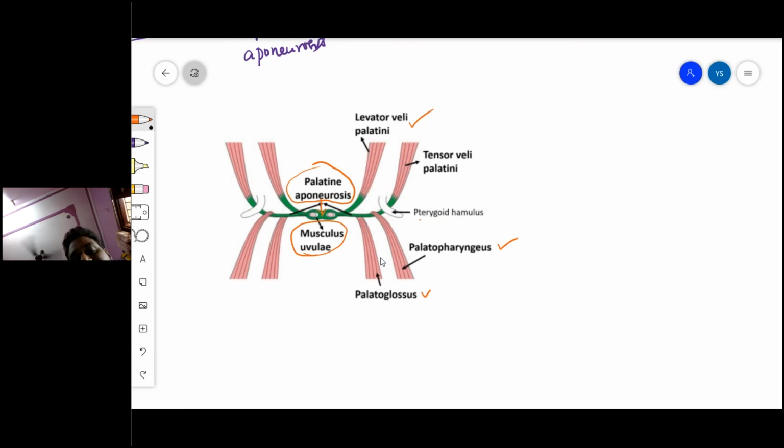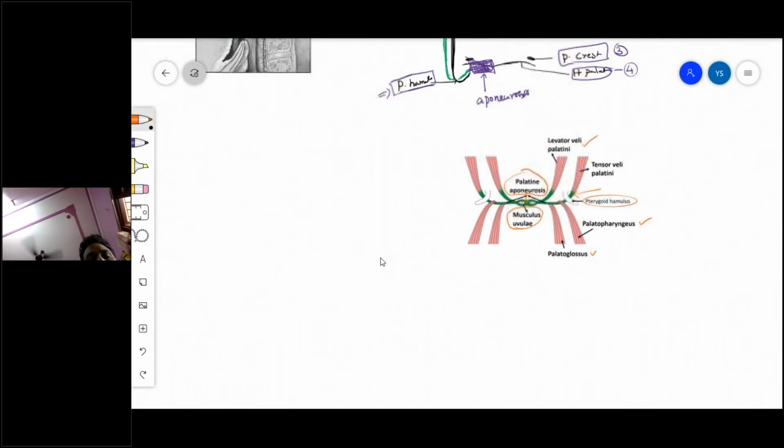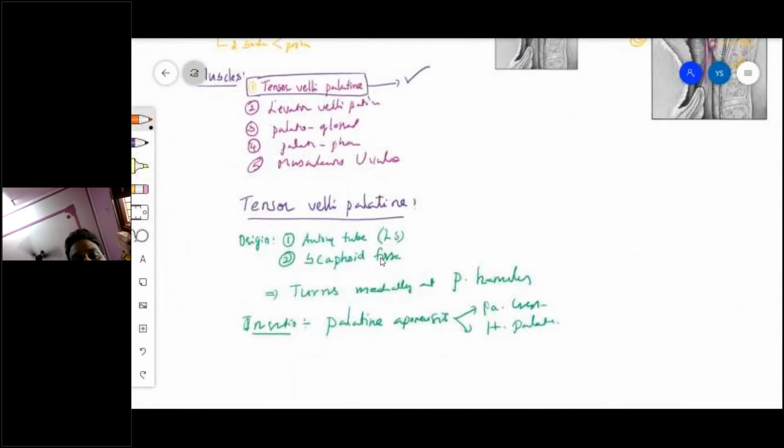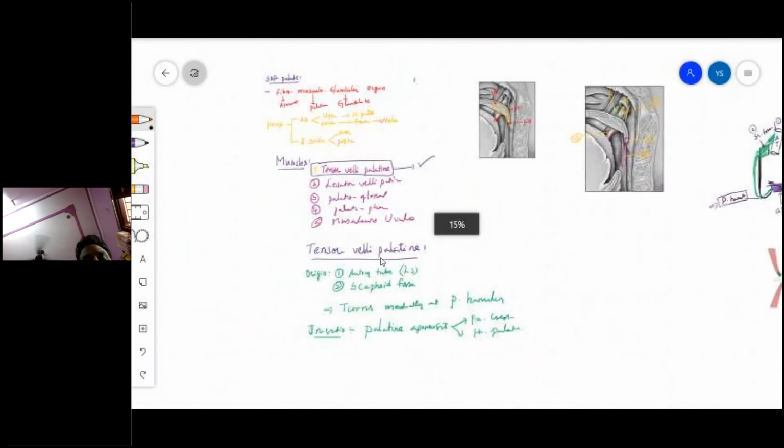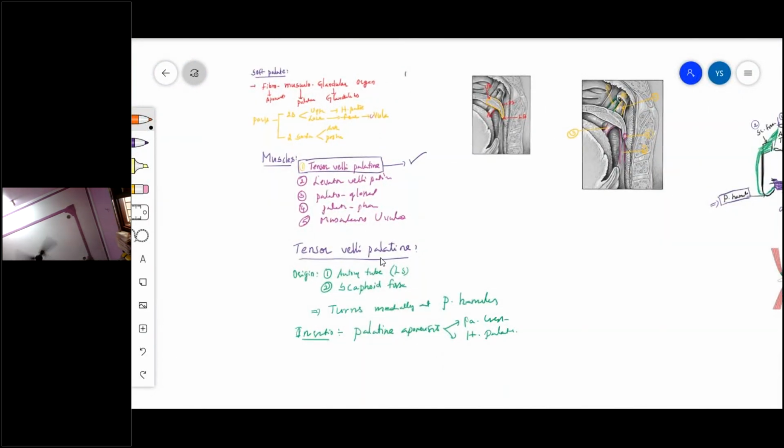And in this picture also, we can see nicely the pterygoid hamulus, how the tensor veli palatini muscle winds around the pterygoid hamulus and takes the medial course. That also we can see here clearly. So this is about the muscles of the soft palate. Till now I completed the structure of the soft palate.